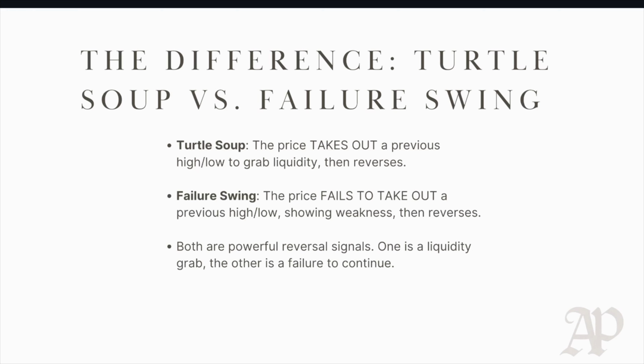So the price takes out a previous high or a low to grab all the stops and then reverses. And the failure swing is a sign of weakness, that the price fails to take out a previous high or low, showing lack of momentum, which results in a reversal also. So both of these patterns tell us that a reversal is coming, and you just have to know which one to look out for.